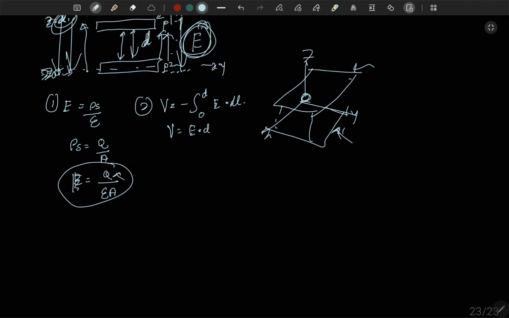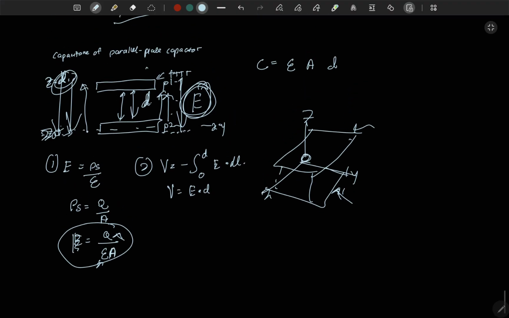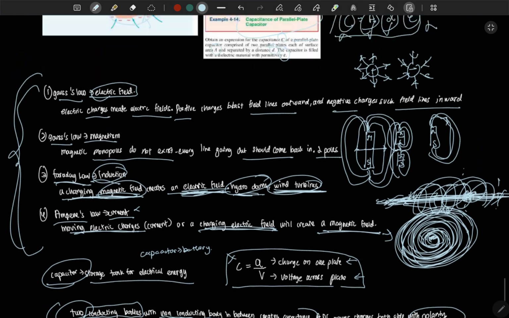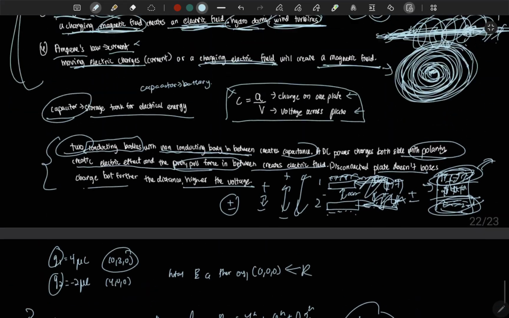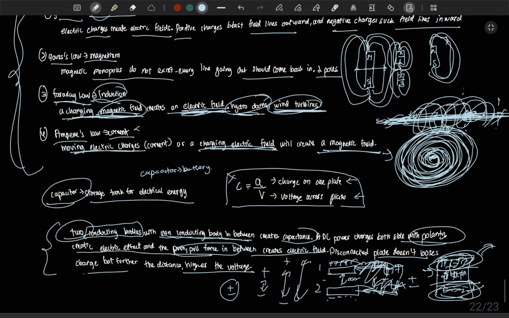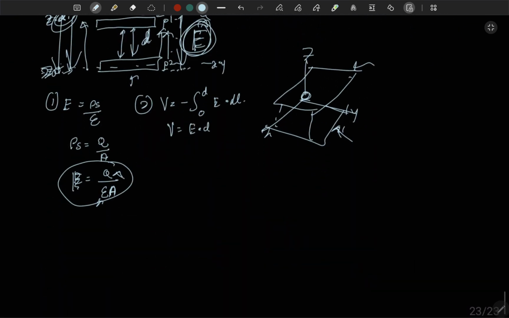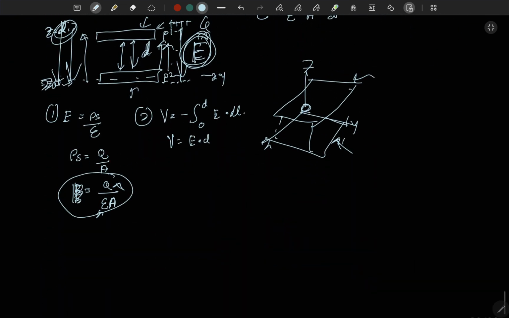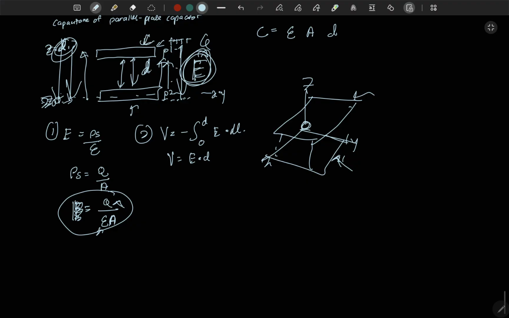For the first one, you just need to remember that the electric field is equivalent to charge over permittivity and area. What does it mean? You have two bodies, and I have mentioned the charge on one plate and the voltage across the plates. So the electric field is the charge on this plate over the area of the plate. If the area is small, it's small; if the area is big, it's big.